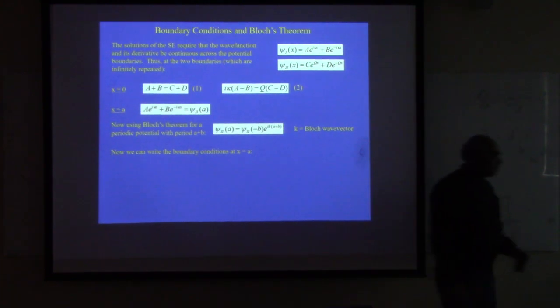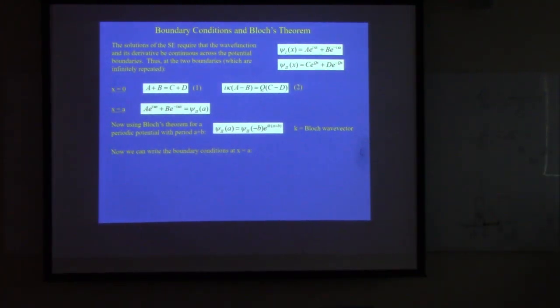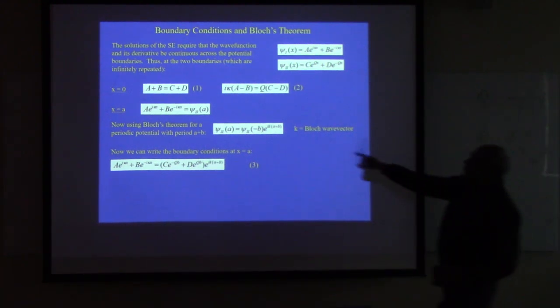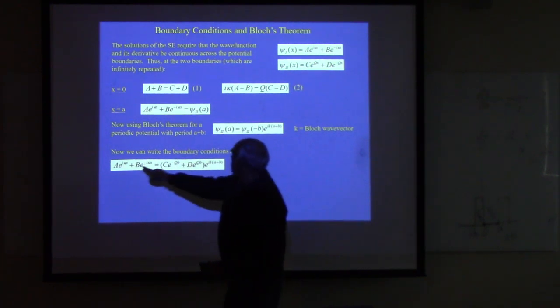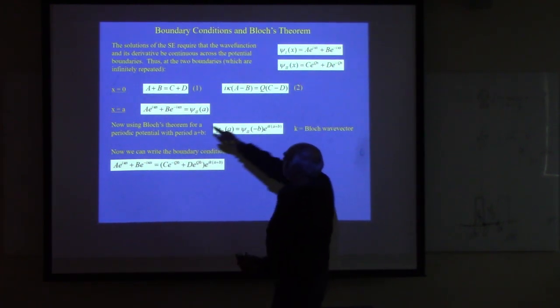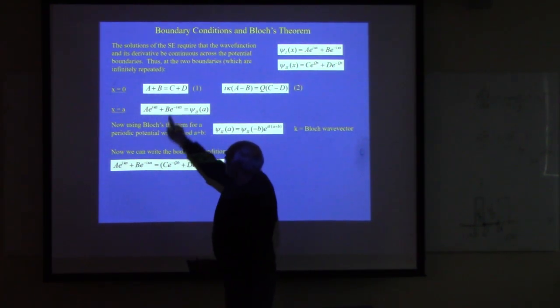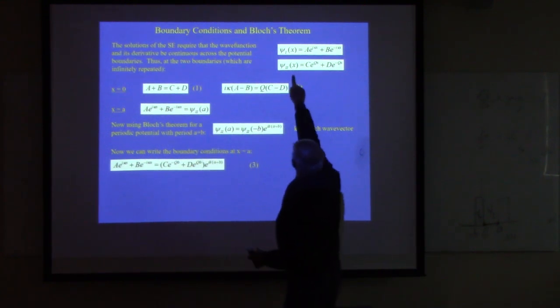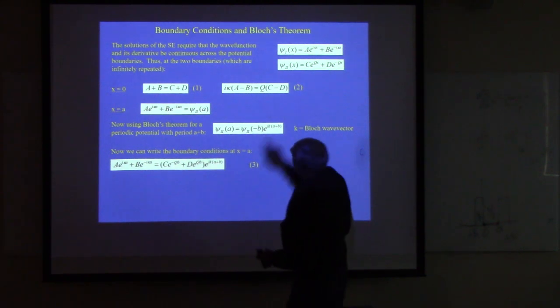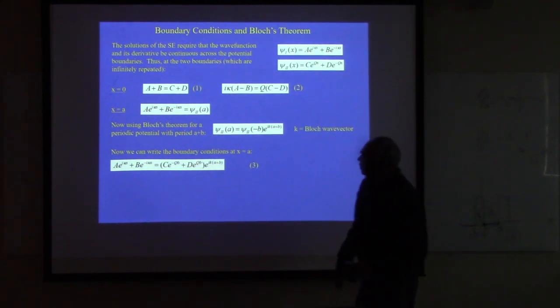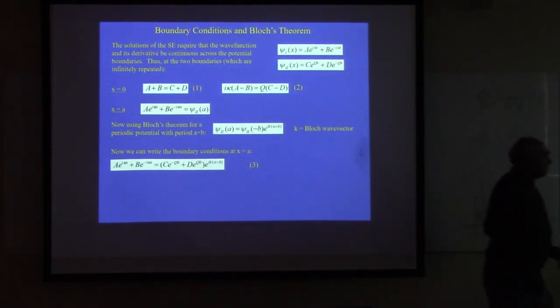So then you get that equation here. Is that clear, everybody? Psi 2 at a, just put minus b here. Everybody's fine with that? Think about that.